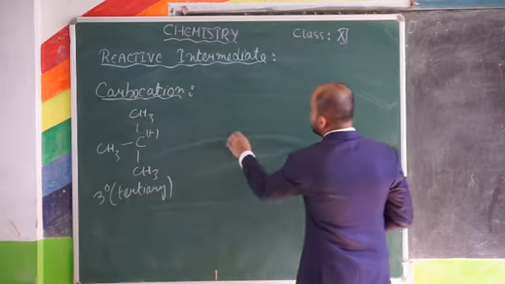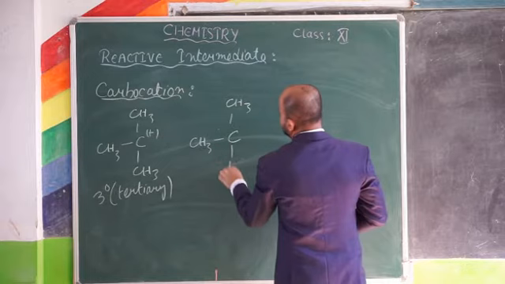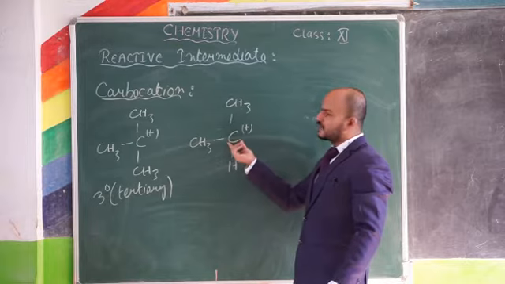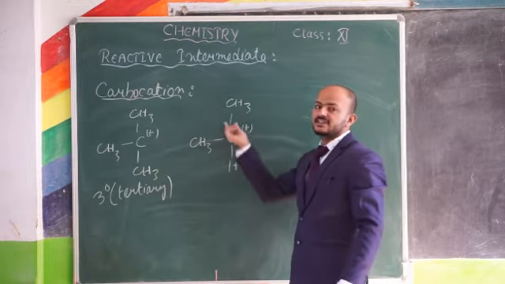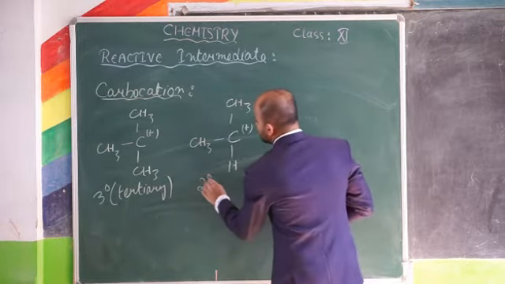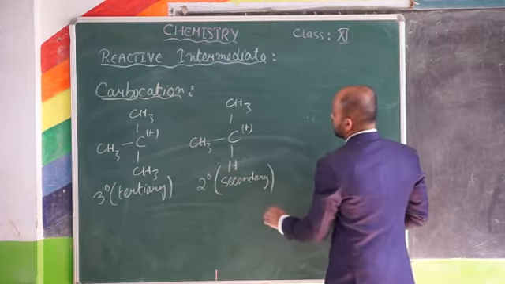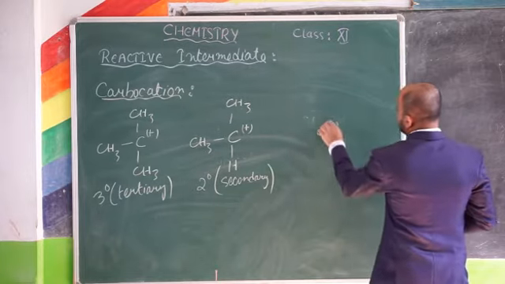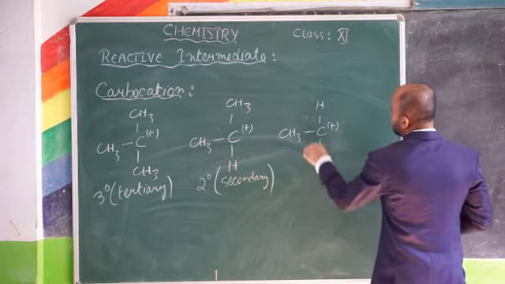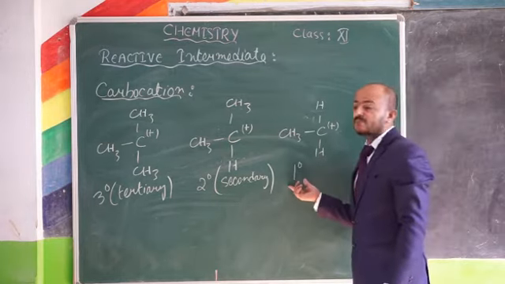Now similarly, if you have only 2 CH3 groups and here you have hydrogen, this positively charged carbon atom is directly attached to 1, 2 carbon atoms. Therefore this is known as second degree or secondary. Whenever the carbon carrying positive charge is attached to only one carbon directly, that is known as first degree or primary carbocation.